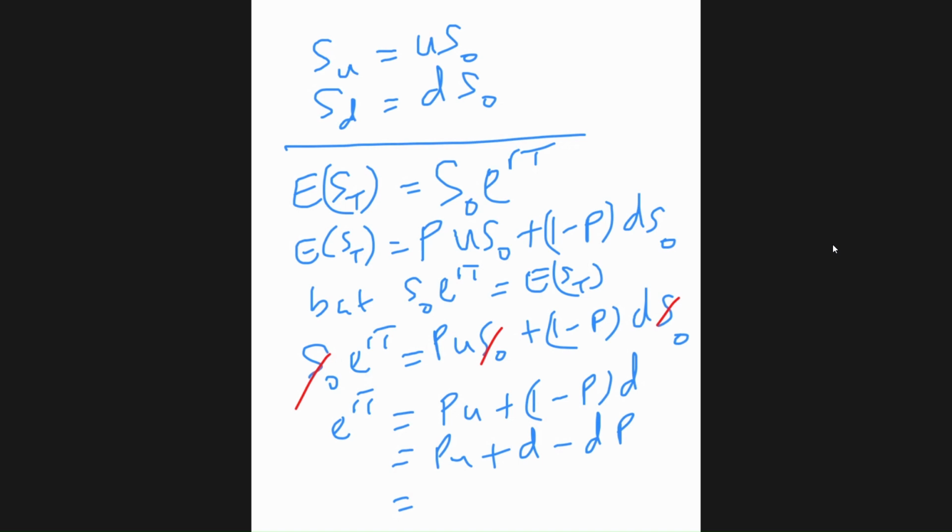So we can have PU minus PD or DP plus D. I don't know whether it's making sense. Is it possible I made a mistake?